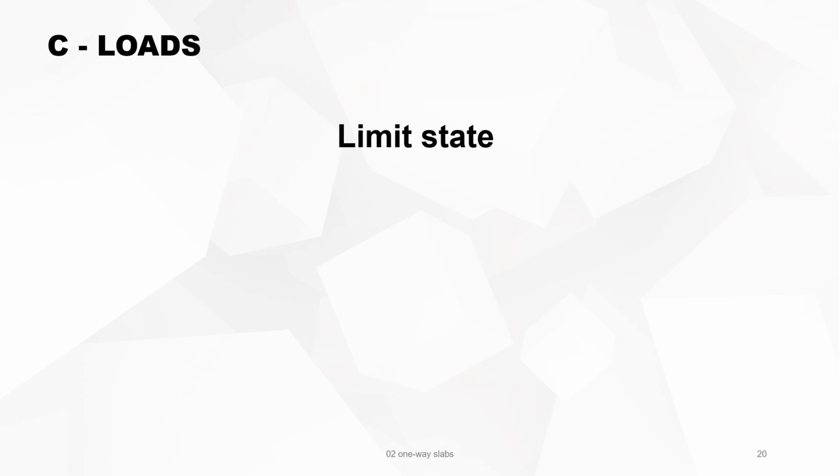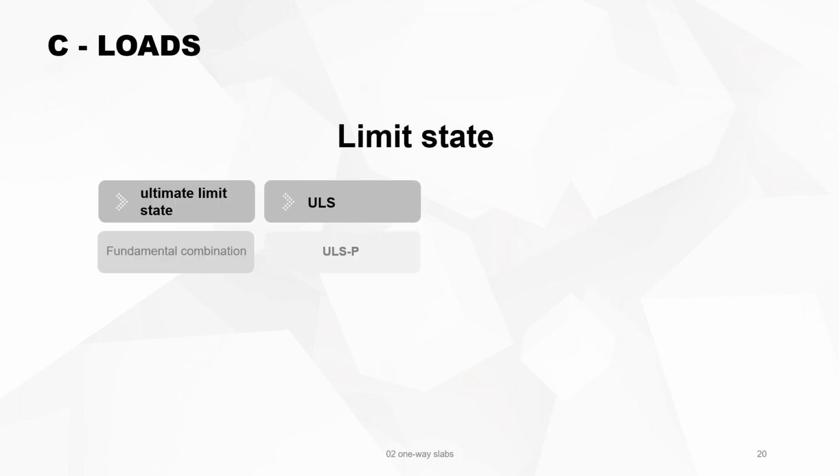Now, let's look at the different limit states. It's just a summary to remind us of all the different limit states that exist. You have the ultimate limit state, which gives us a fundamental combination, ULSP, the transient combination, ULST, and the accidental combination, ULSA.